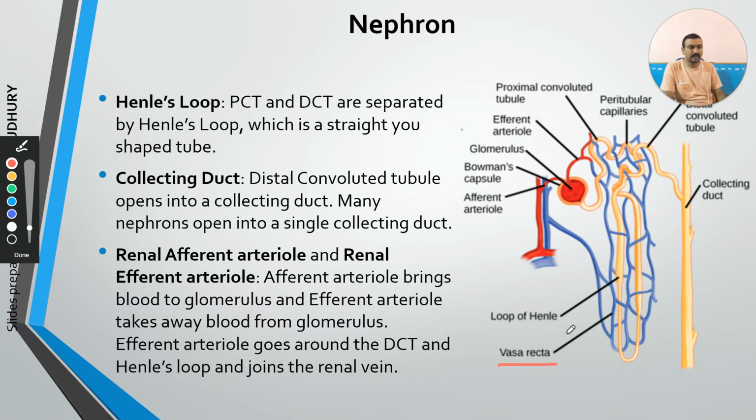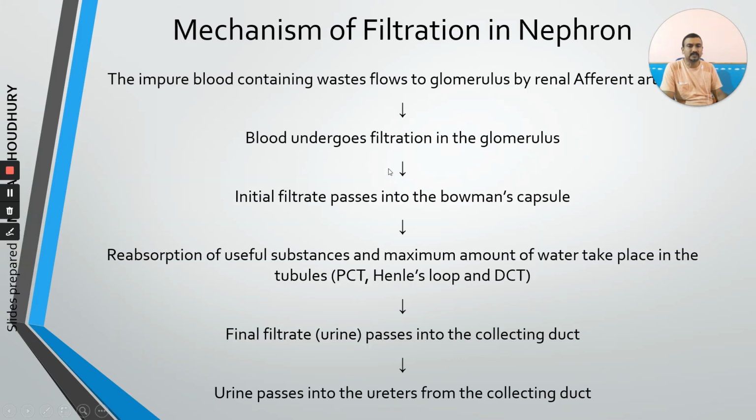Okay. Now understand, when you look at the function of nephron, this is very, very important to understand. There are two processes happening in the nephron. That is, one process is the filtration process, and another process is called as a reabsorption process. We'll come to that process again.